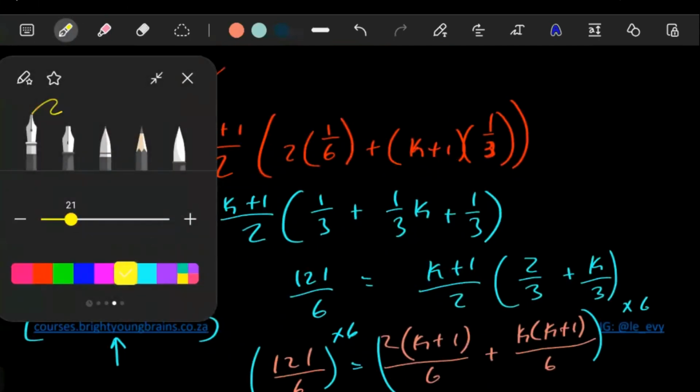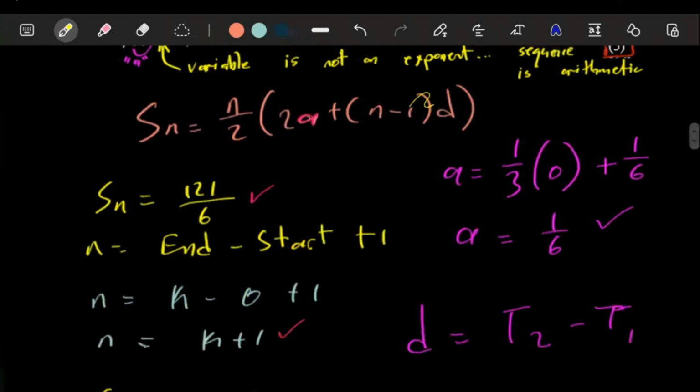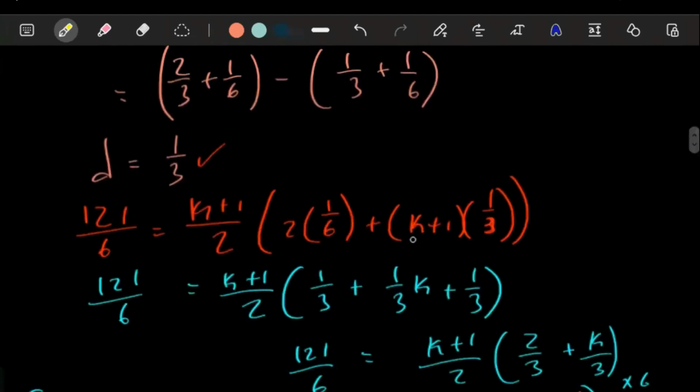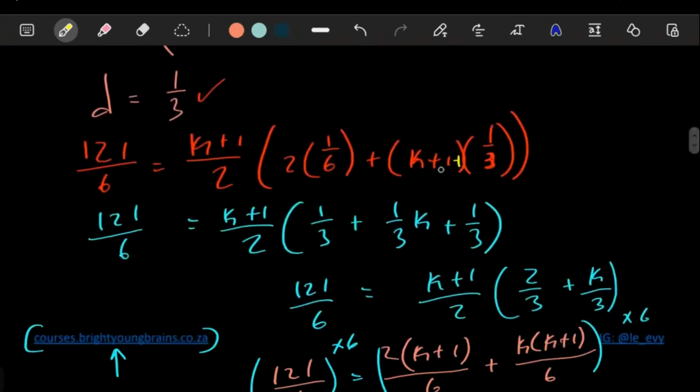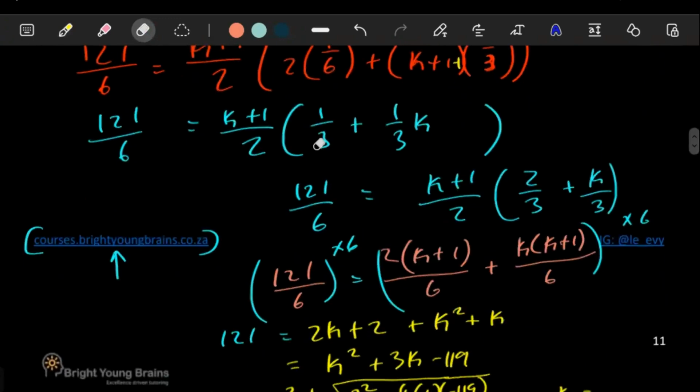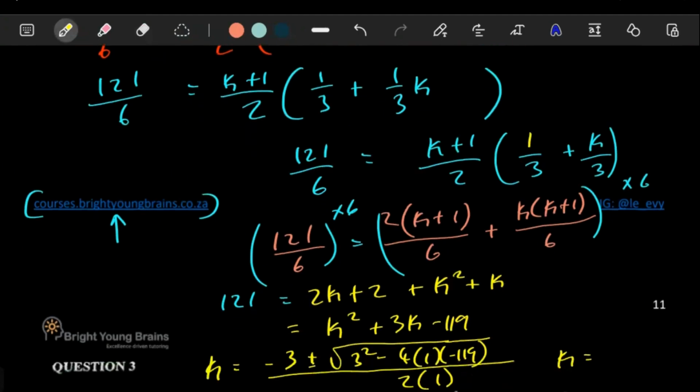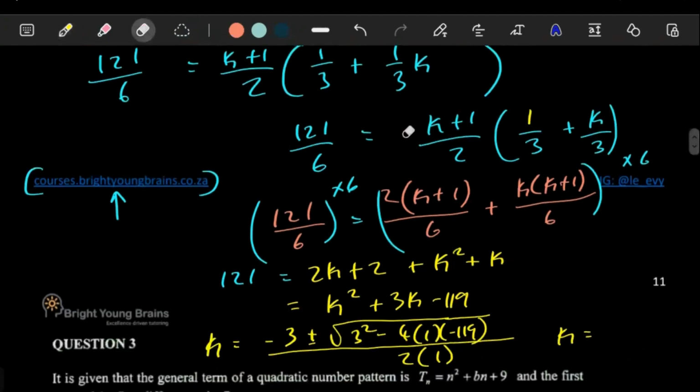Inside the formula, it's supposed to be n minus 1. You see? So this is n, minus 1. If it's n minus 1 here, it means that k is going to be left on its own, meaning it's going to be a third times the k only, so this won't be there. Here, you'll be multiplying by 1/3. This 2 won't be there.